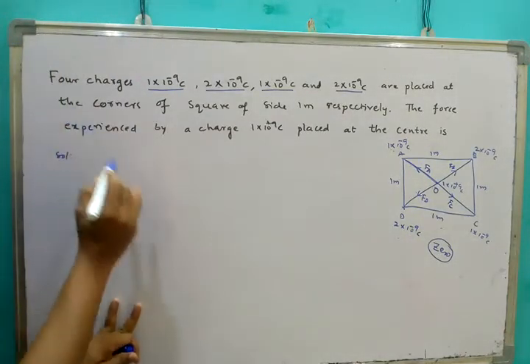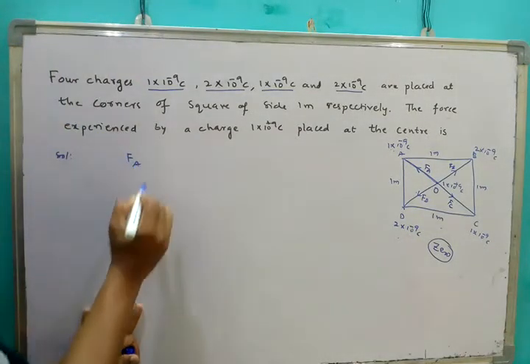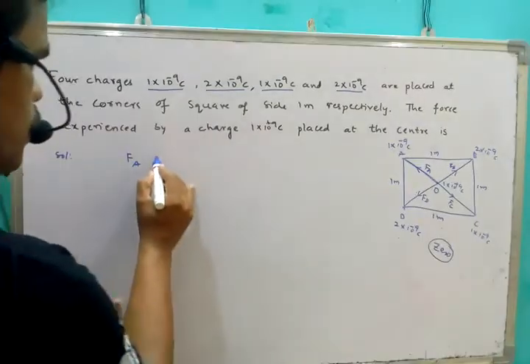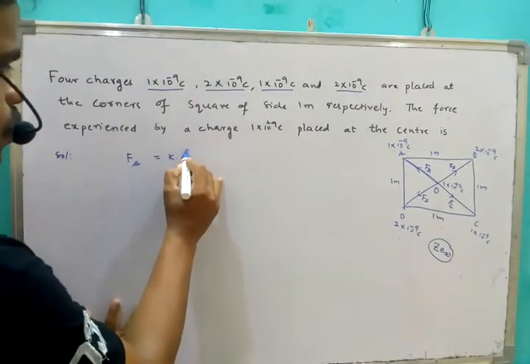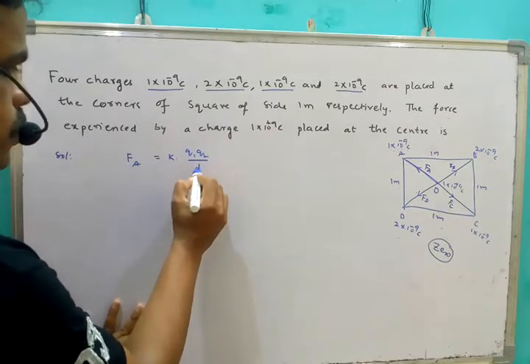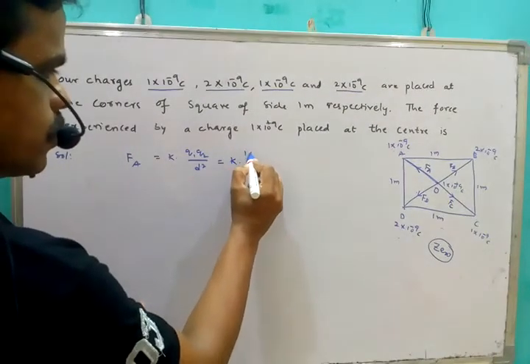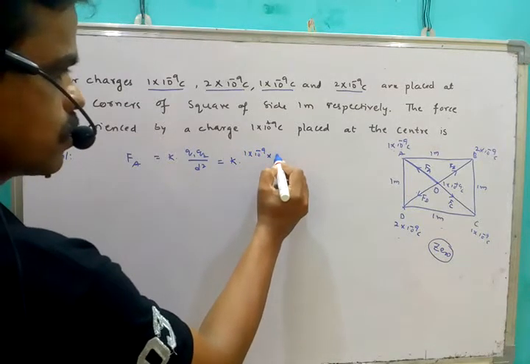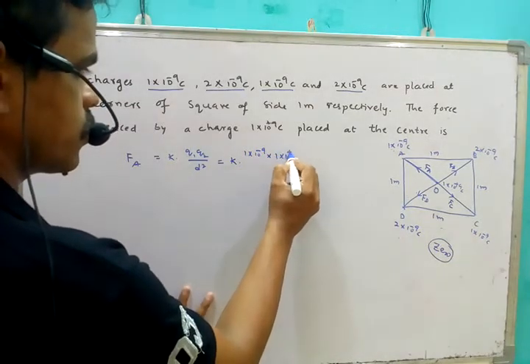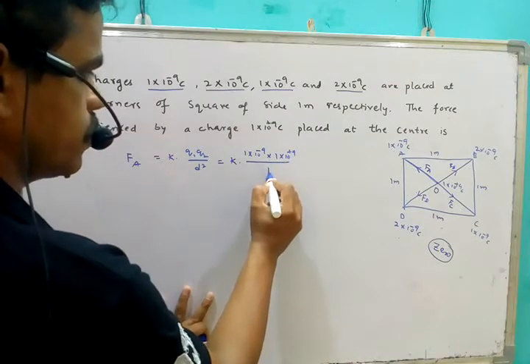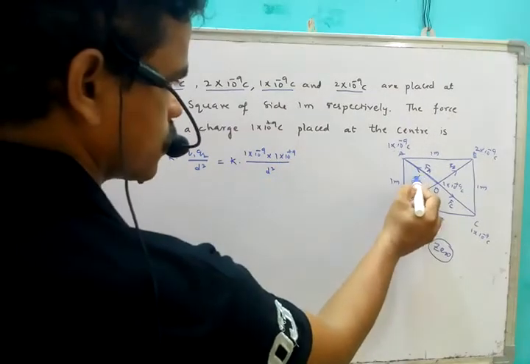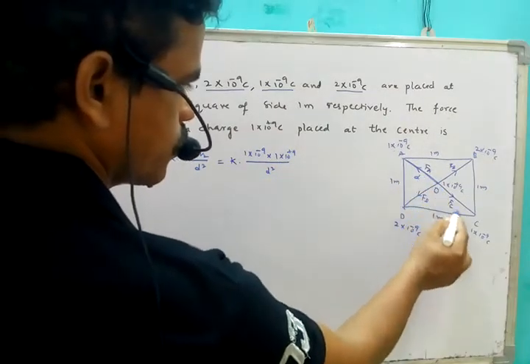Solution. FA is a repulsive force. FA equal to K into Q1 Q2 by D square. Here K into 1 into 10 power minus 9, 1 into 10 power plus 9 by D square. D is this much, so it is 1 meter.